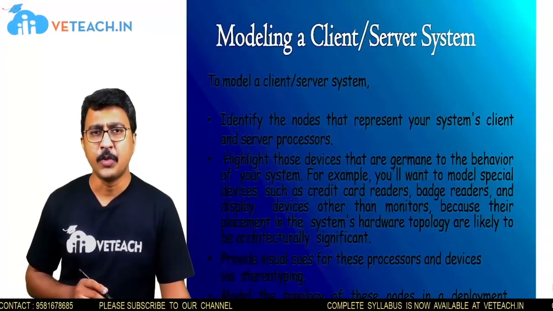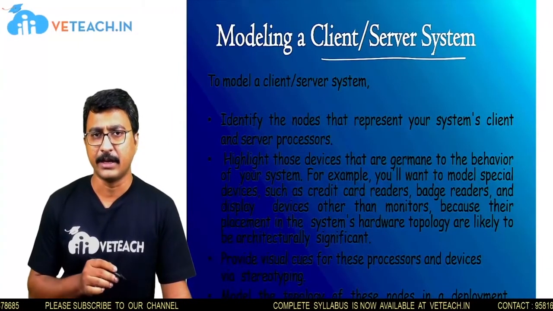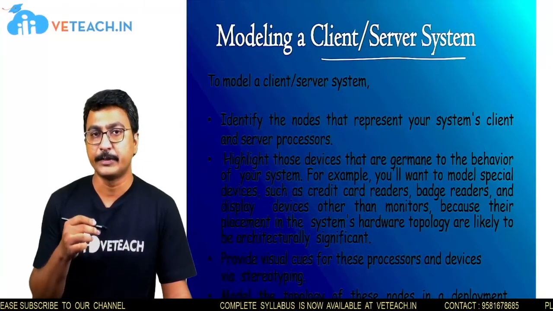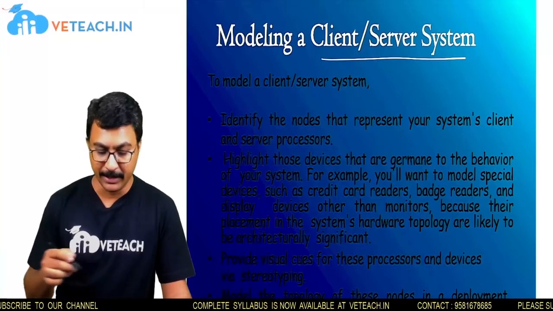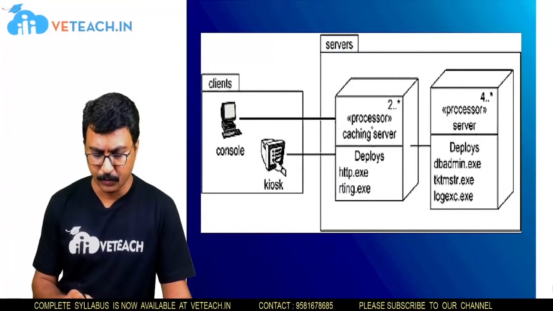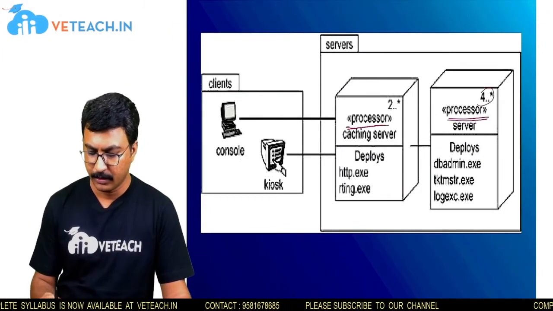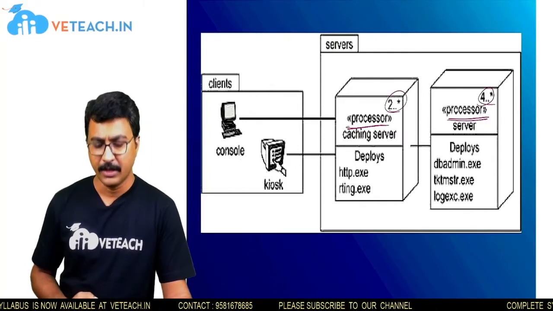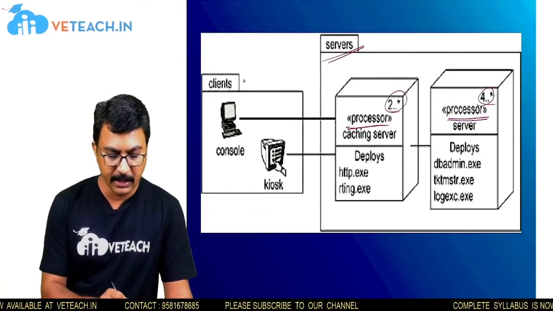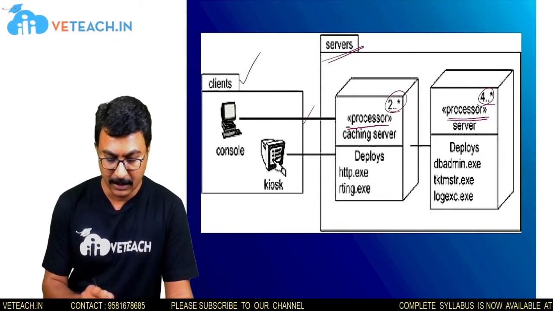It can also be used to model a client server system, as in the previous example we said a client server architecture can be specifically shown with the help of a deployment diagram. To show you an example, there are two processors, processor 2, processor 4, with the multiplicity being shown. Physically, that's a server put into a package, and the clients are at a different location. Those are connecting with the servers with a connection.